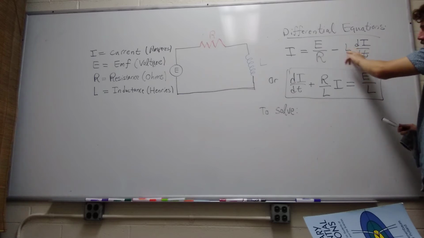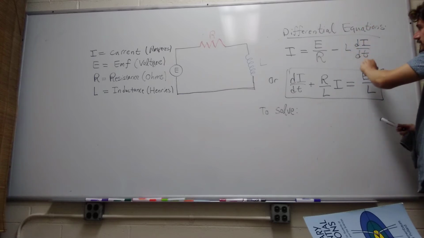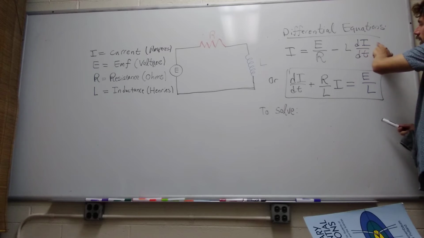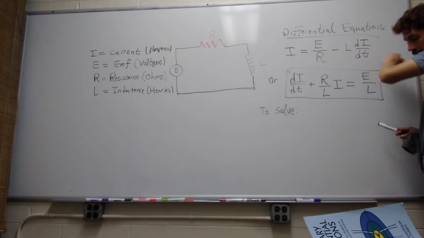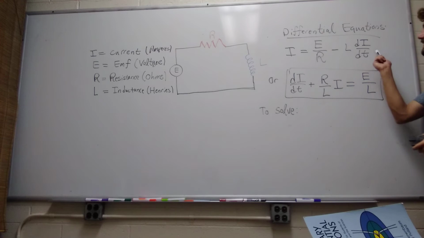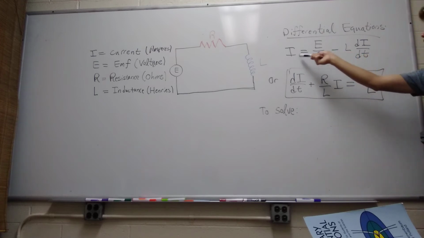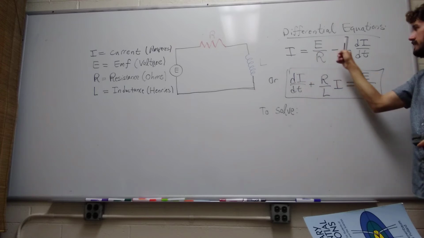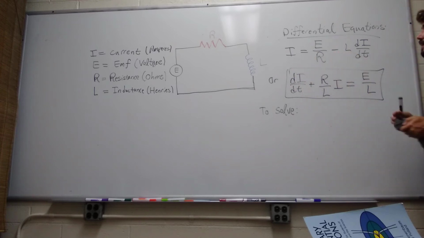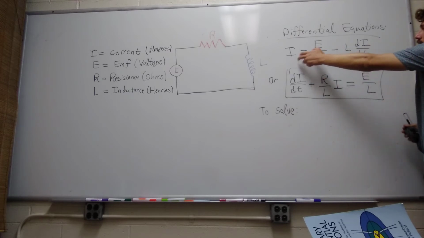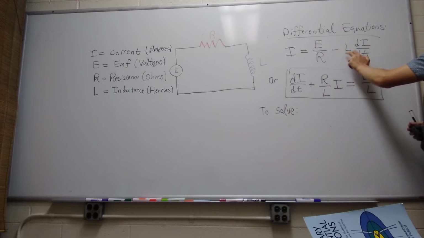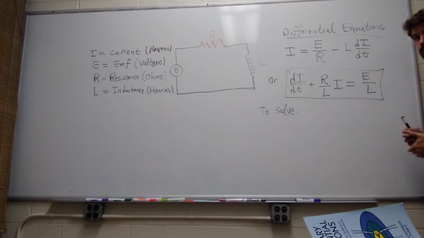So notice if inductance is some positive constant, and the current is slowing down, that means this is negative, then the inductance is going to increase the current because this term will be positive. If the current is speeding up, the inductance will slow the current back down because this term will be negative.